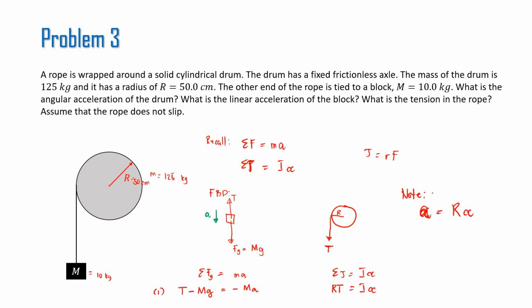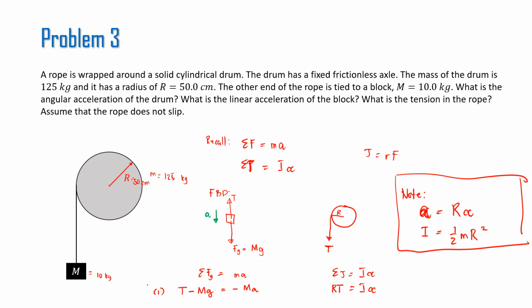Since the rope is wrapped around the drum, we have this relationship: the linear acceleration is equal to the radius of the drum multiplied by the angular acceleration. And recall also that for a solid cylinder, such as a drum, the moment of inertia is equal to 1/2 mr squared.